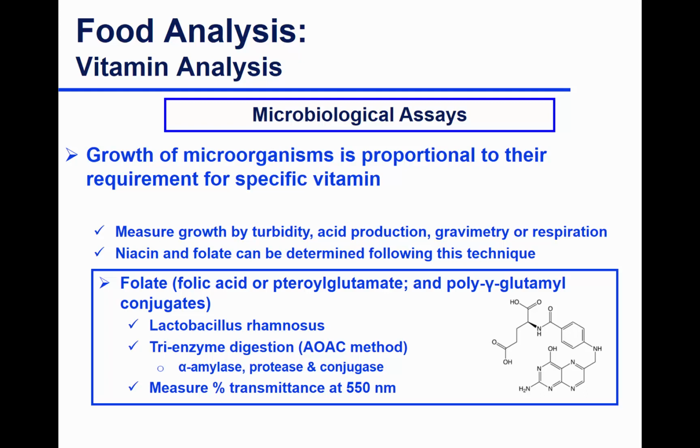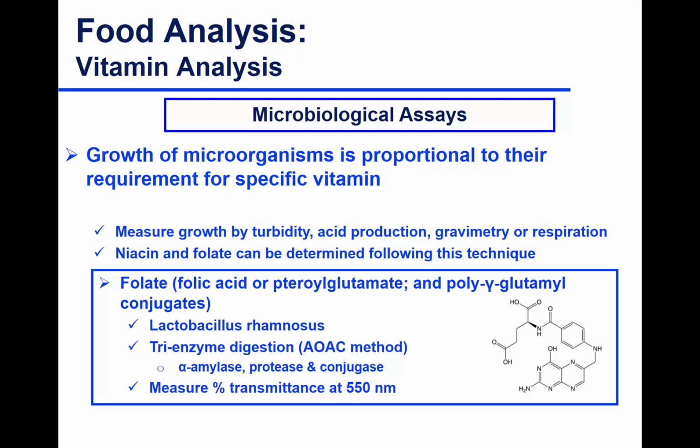Microbiological assays. Here, as I said earlier, you measure the growth of organisms based on the amount of vitamin present. The growth is measured by measuring turbidity. When you have cells growing, turbidity will increase.